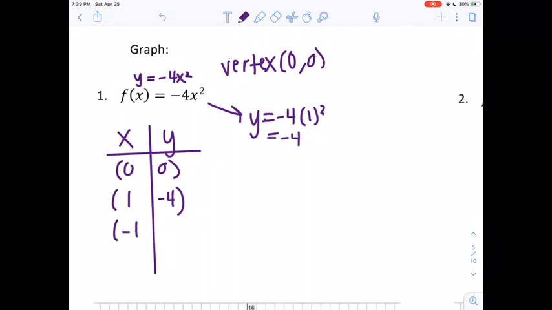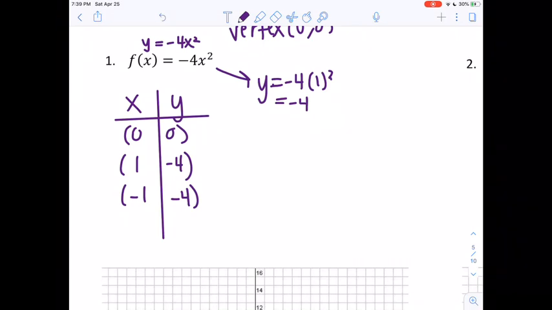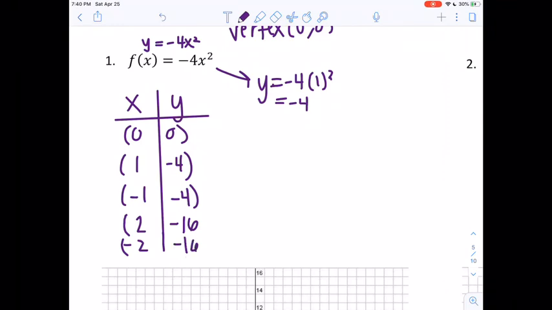Let's choose negative 1. That's also going to be negative 4. And let's choose 2, which would be negative 16. And let's choose negative 2, which will also be negative 16.